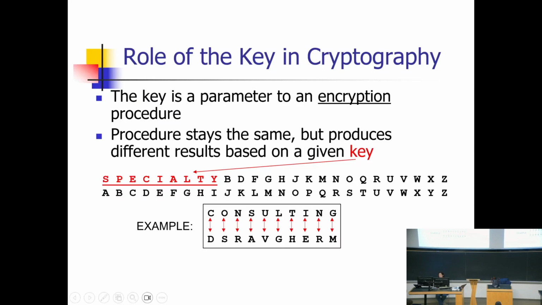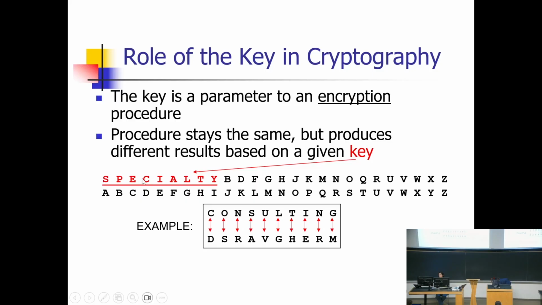So how does this work? For example, if you want to encrypt a word like consulting, you can use this mapping to do that. For example, C becomes D. Why?